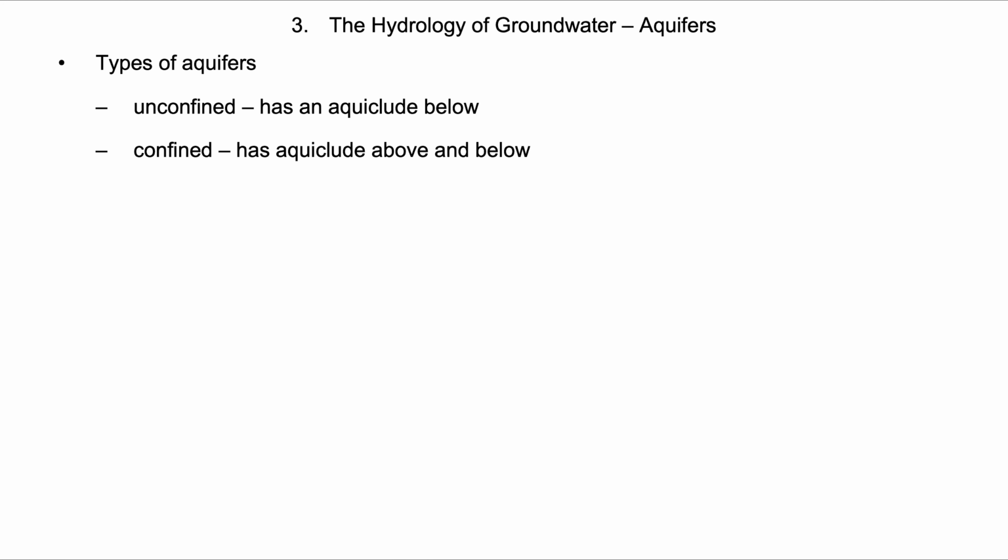These aquifers can be unconfined. This is an aquifer that has an aquiclude below, something that occludes the water or discriminates against the water. A confined aquifer, on the other hand, has an aquiclude above and below. So in this case, this can act like a pipe. This can be pressurized, and if it is pressurized, we get an artesian well.